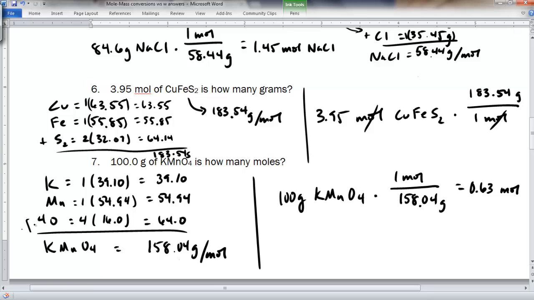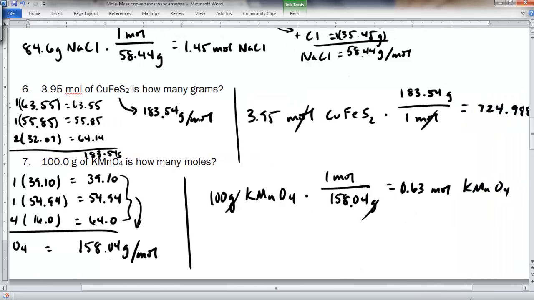These numbers all added together give us this number, and so KMnO4 is 158.04 grams per mole. If I'm starting with 100 grams of that material and I want to figure out how many moles that is, I'm going to multiply by 1 mole per 158.04 grams. Grams cancel grams, and I get moles in my answer.